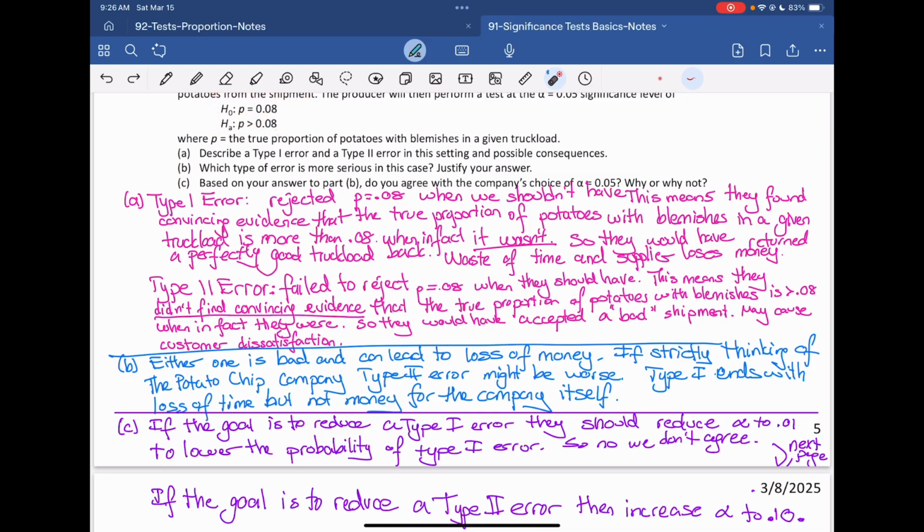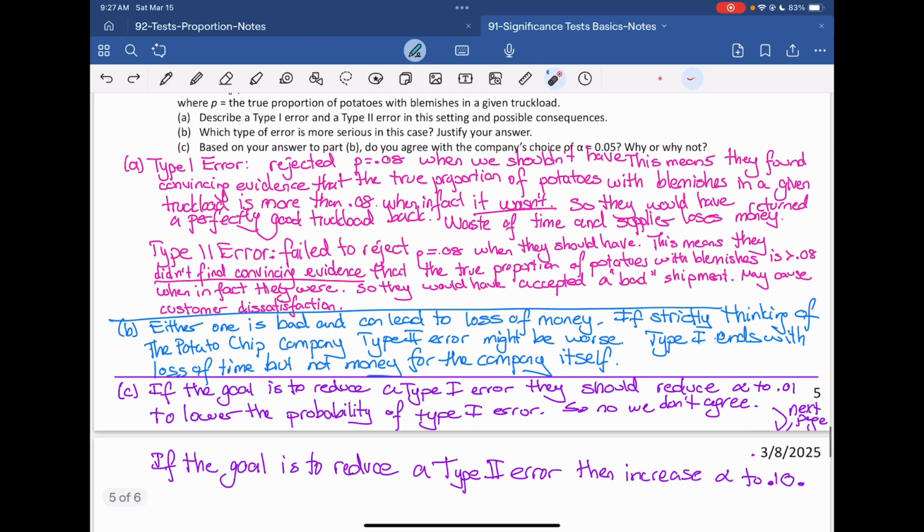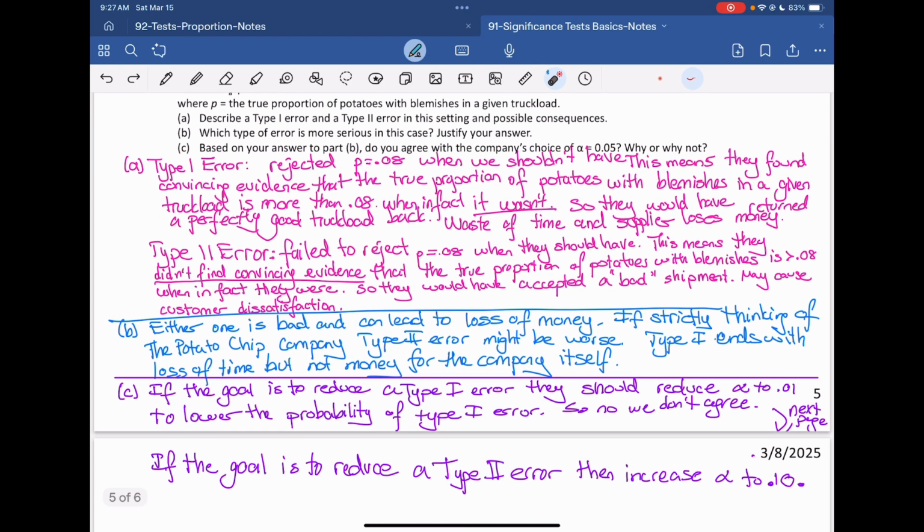In this case, they didn't find convincing evidence that the true proportion of potatoes with blemishes is more than 0.08, when in fact it is. So they would have accepted a bad shipment, quote unquote, and may cause customer dissatisfaction. In the long run, this will cause money loss too, especially for the producer.